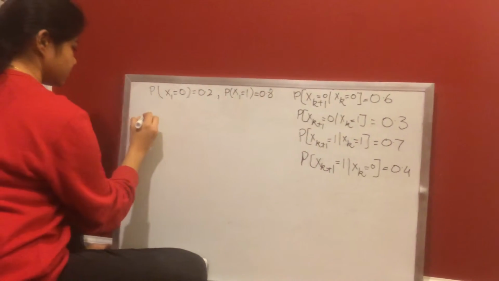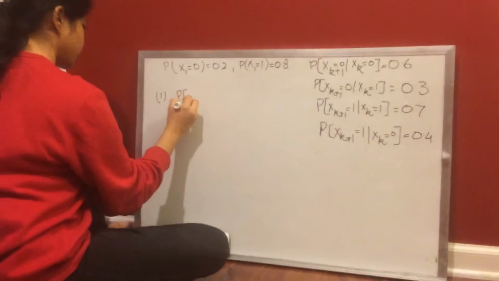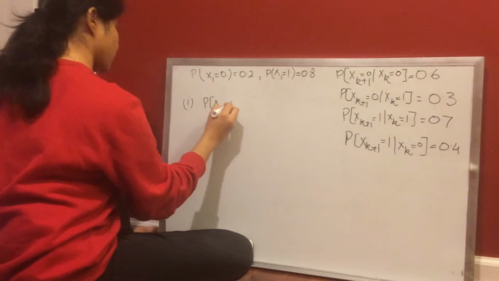Now in the first part we need to find the probability of x2 equals 1.